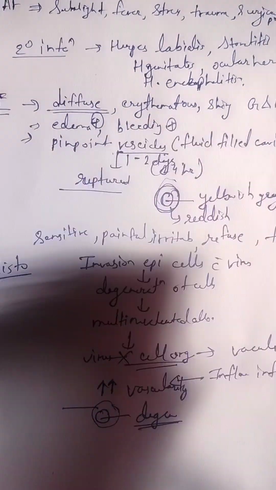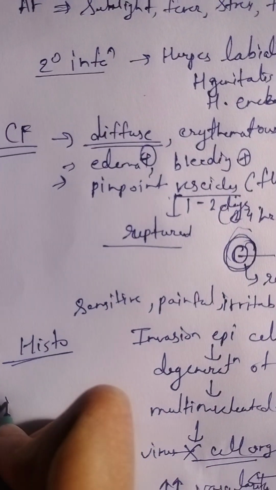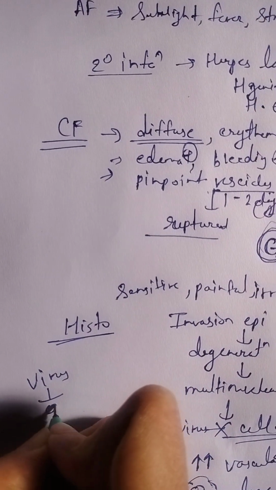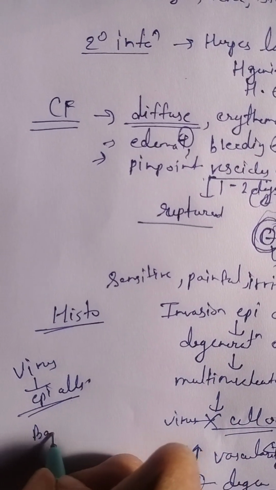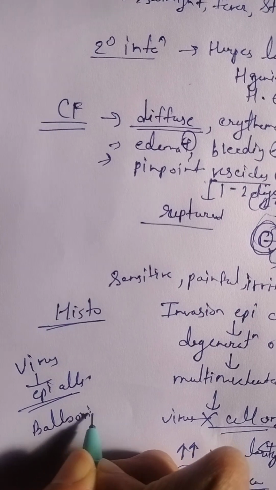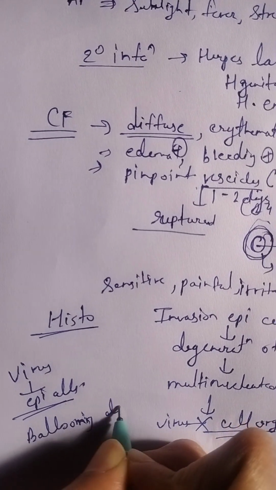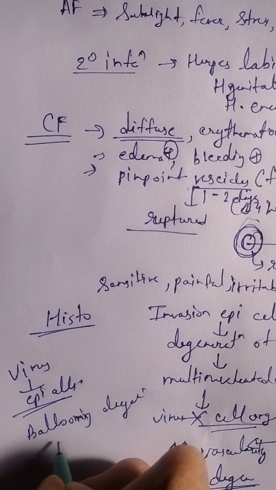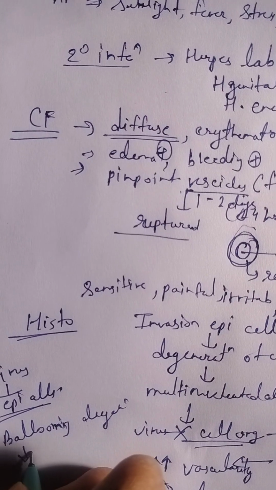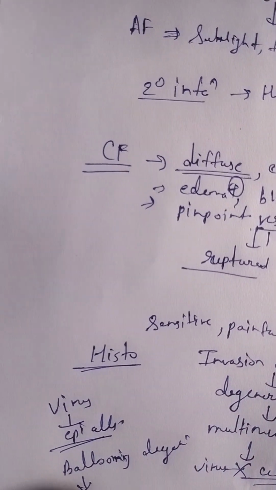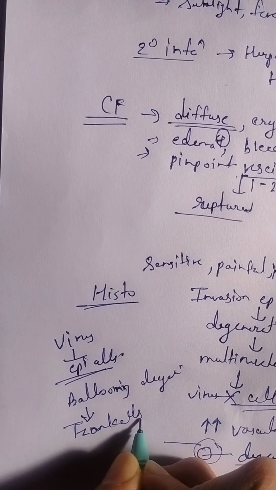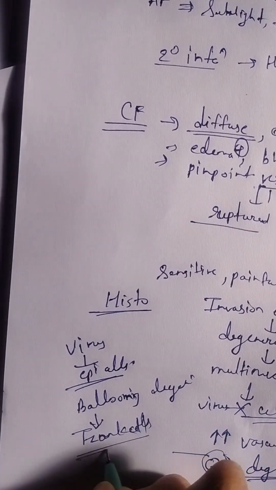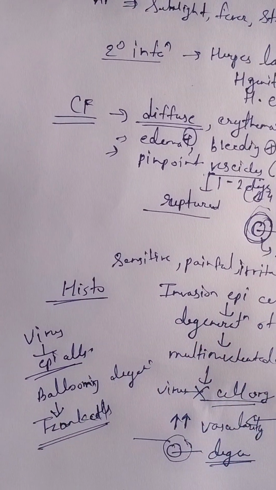In this disease, the virus mainly targets the epithelial cells. Ballooning degeneration is present, so Tzanck cells are seen in acute herpetic gingivostomatitis.